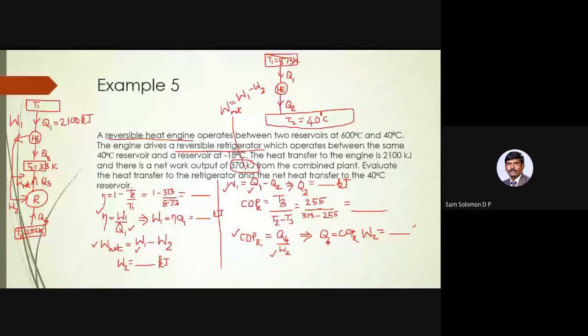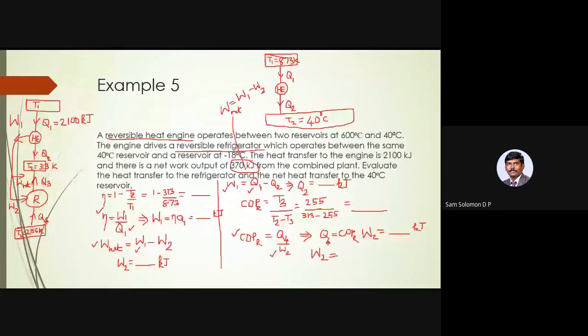And remember, this is the heat transferred to the refrigerator. Okay, the heat that is entering into the refrigerator which has been removed. So one subdivision has been solved. The remaining value is Q3 only. So we know that W2 is equal to Q3 minus Q4.